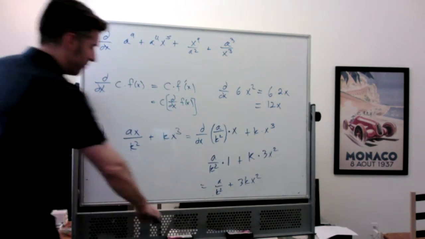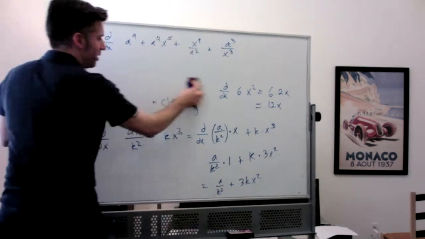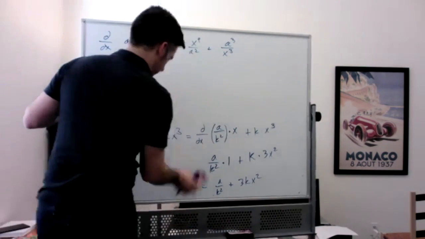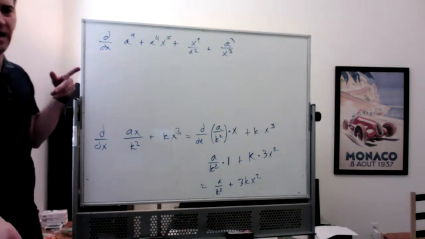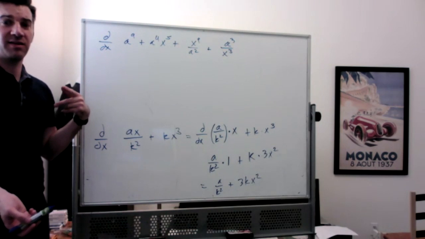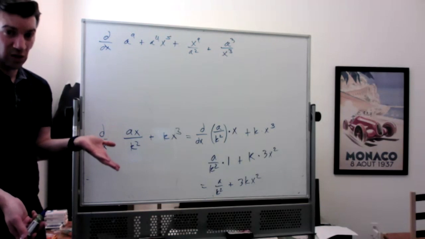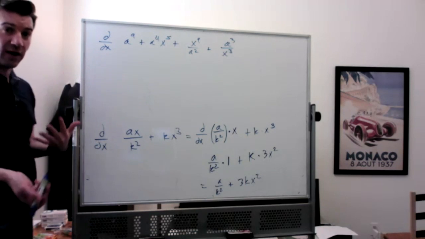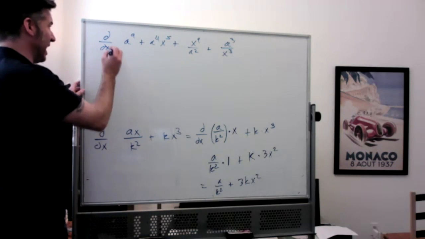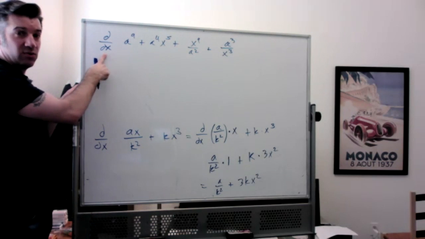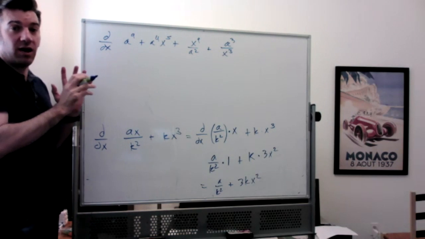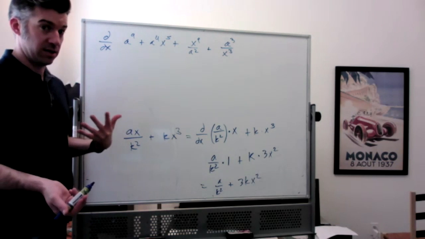If I was going to differentiate this, this is where they're trying to trick you, right? You might think the derivative of a to the 9th is 9a to the 8th, but it's not. The derivative is 0, because the only thing that's a variable in this expression is x. If I say derivative with respect to x, I'm treating every other non-x thing like a constant.